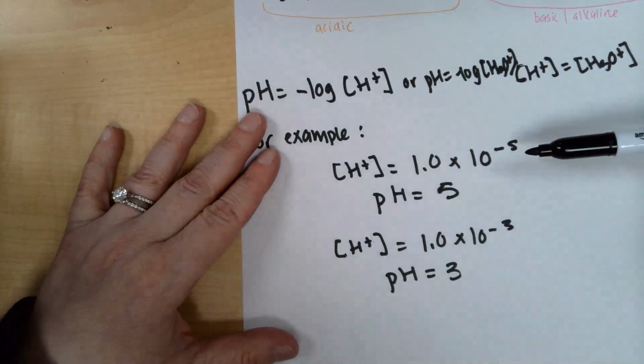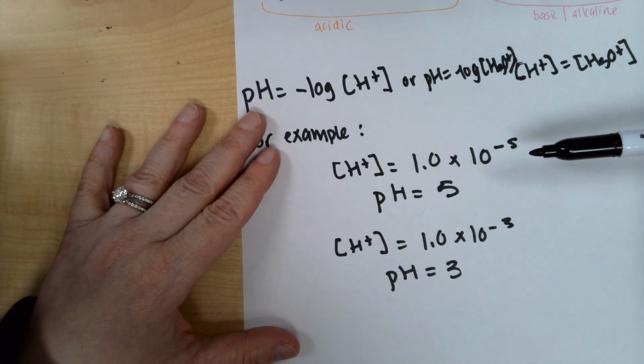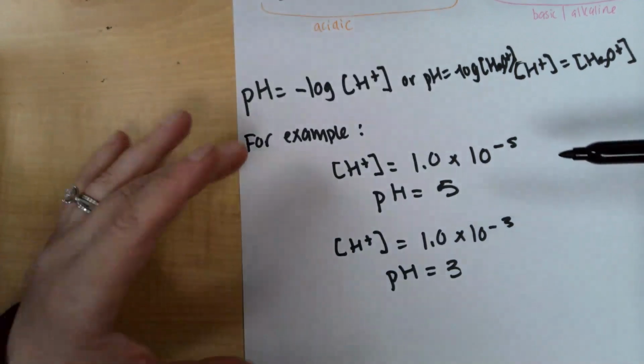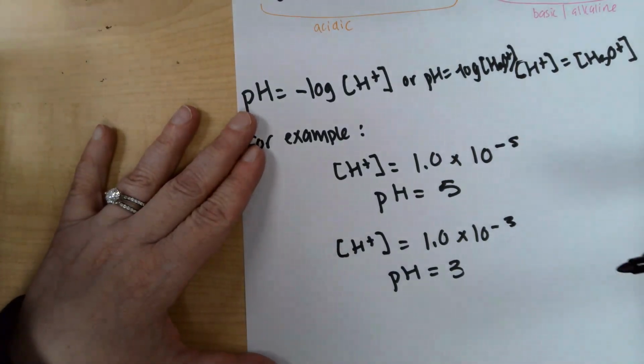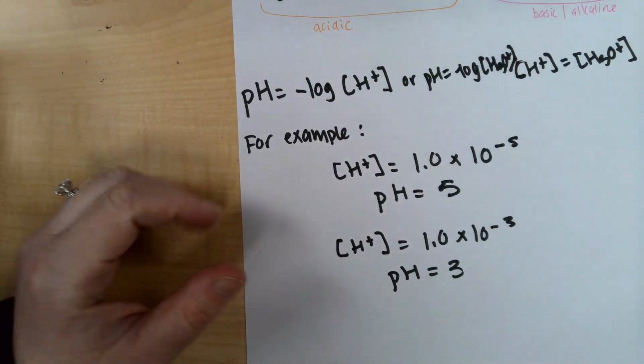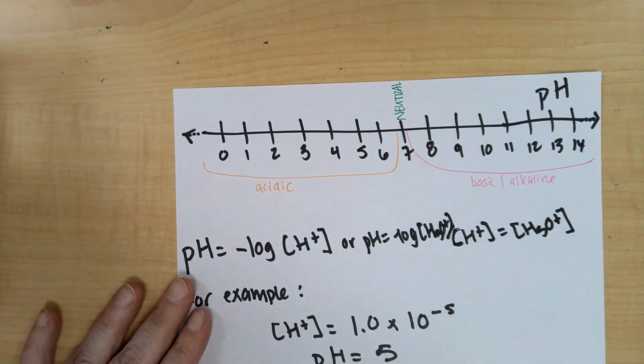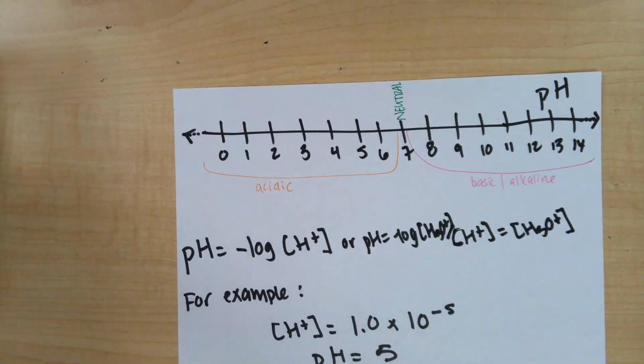Sometimes you're ending up with 2.679 times 10 to the negative something, right? They're not always as neat as these, right? So it's just making it way more manageable to work with, which is where this pH scale is coming from, right? Because you'll be able to calculate a pH and be like, boom, it's less than 7, I know that this is acidic, or it's more than 7, I know that this must be a basic or alkaline solution.